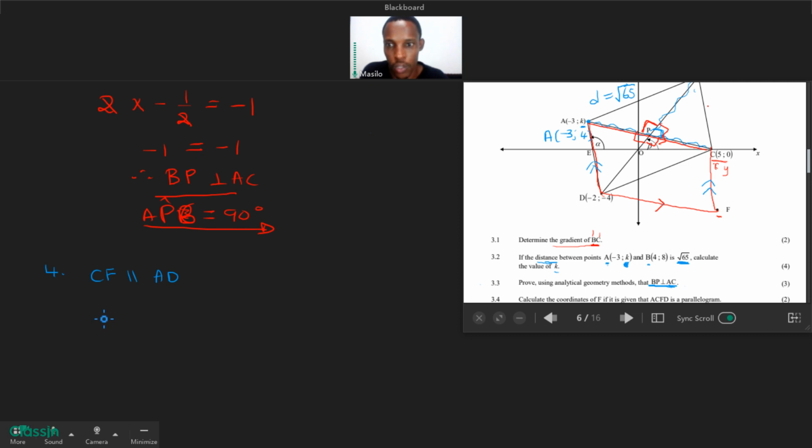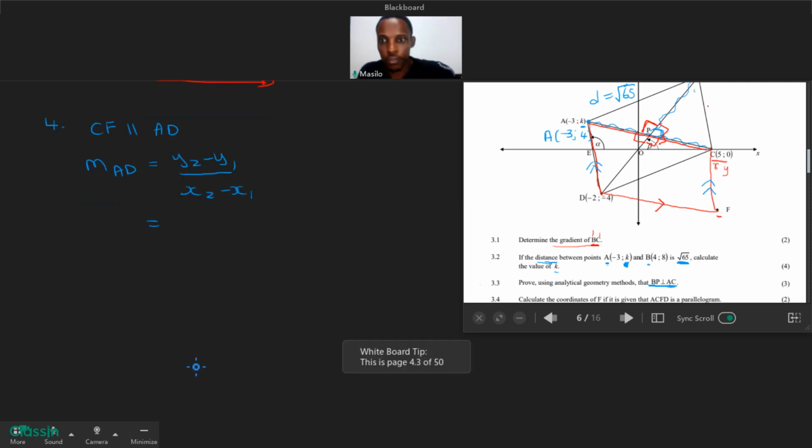Therefore, we can look for the gradient of AD, which is y2 minus y1 over x2 minus x1. And therefore, this means we can say 4 minus negative 4 over negative 3 minus negative 2. So minus 3 is this one because I started with 4.